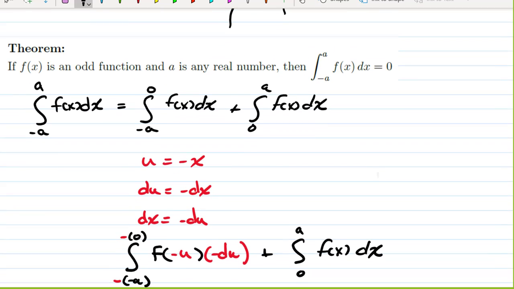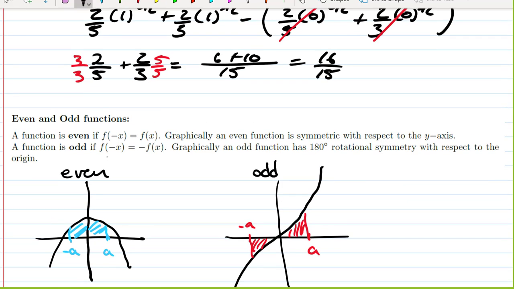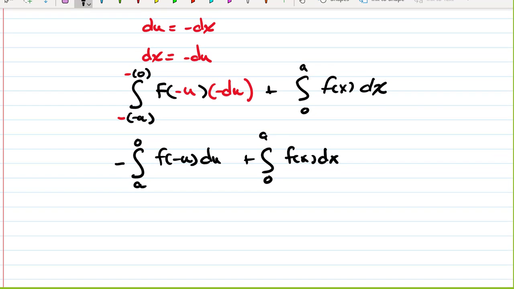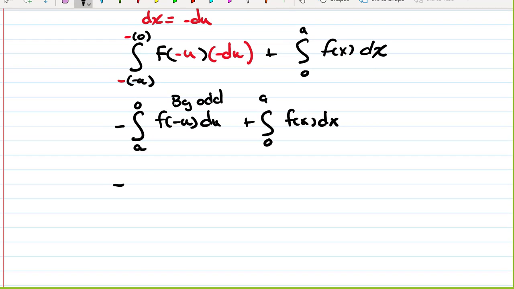But by hypothesis, f of x is an odd function. If a function is odd, f of negative x is the same as the negative of f of x. So by odd, we're going to have the negative of the integral from a to 0 of negative f of u du. And once again, our minus minus makes a plus positive.